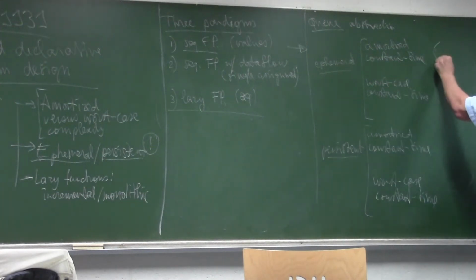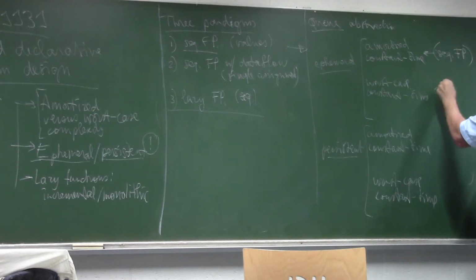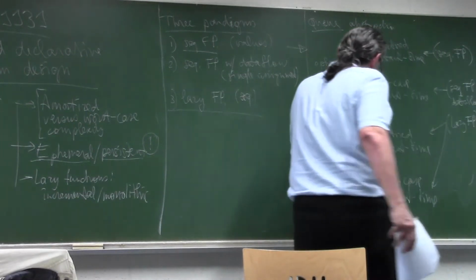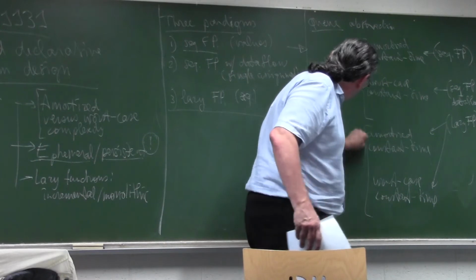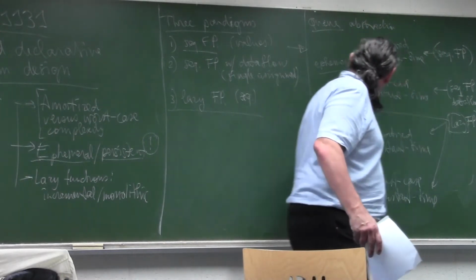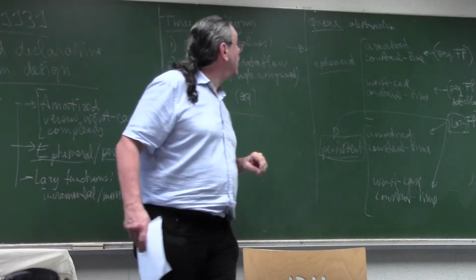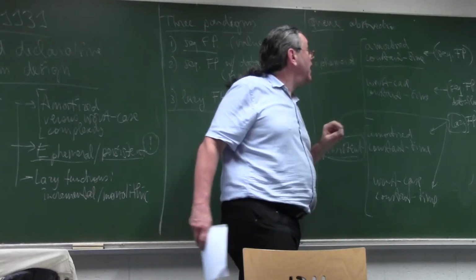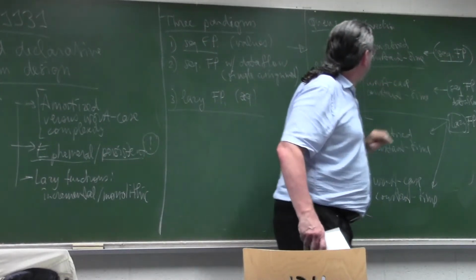But it's not in the same paradigm. This one is going to use sequential functional programming. The worst case one is sequential functional programming plus data flow variables. And these two are going to use lazy functional programming. The persistence actually comes from the laziness. Laziness can give you persistence. Whereas amortized constant time is pretty easy to get. You can do it already in a very simple paradigm.